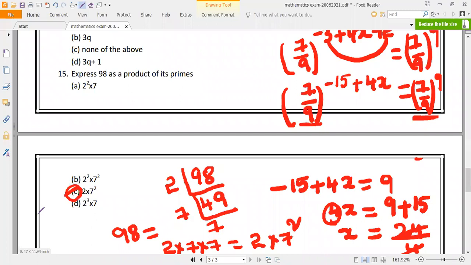All of you open exercise 1.2. We left 2 sums, correct?